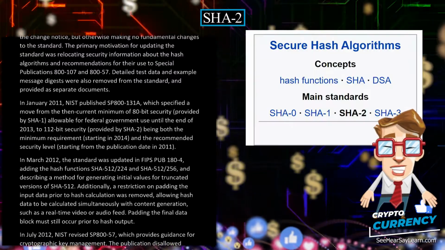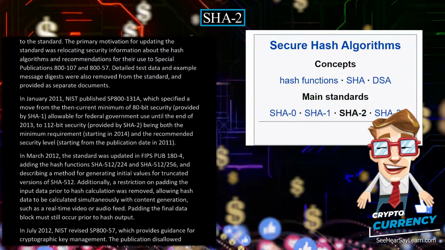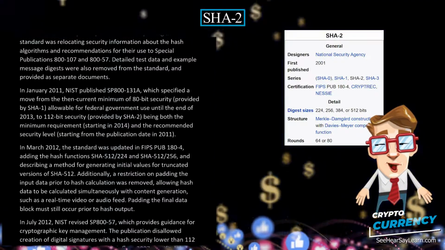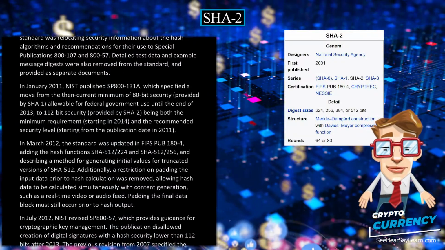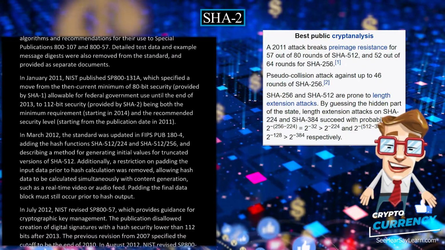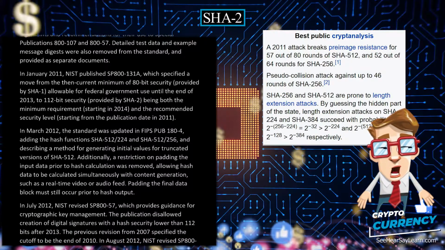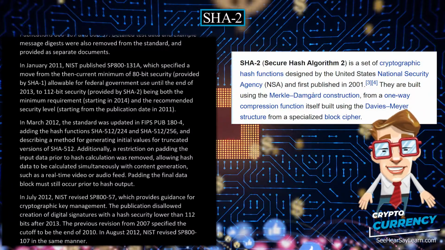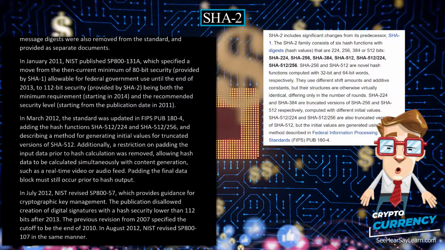The primary motivation for updating the standard was relocating security information about the hash algorithms and recommendations for their use to special publications 800-107 and 800-57. Detailed test data and example message digests were also removed from the standard, and provided as separate documents.